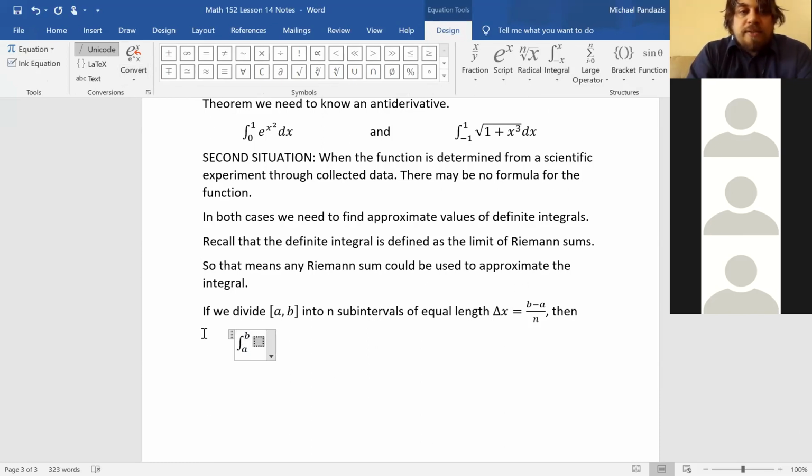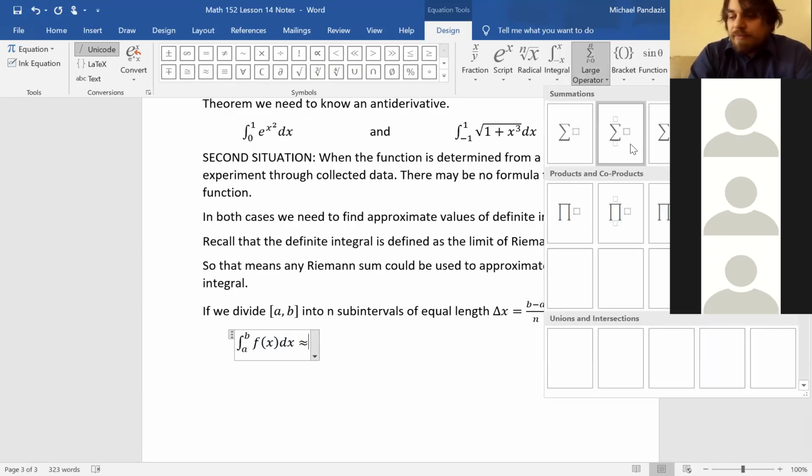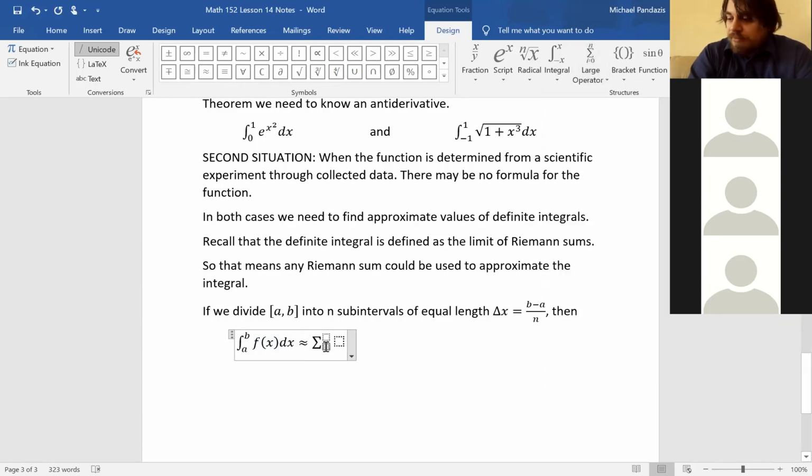Let me check to make sure the sound is good. It sounds good. Of f of x dx is approximately the sum from i equals 1 to n of f of x sub i star delta x.